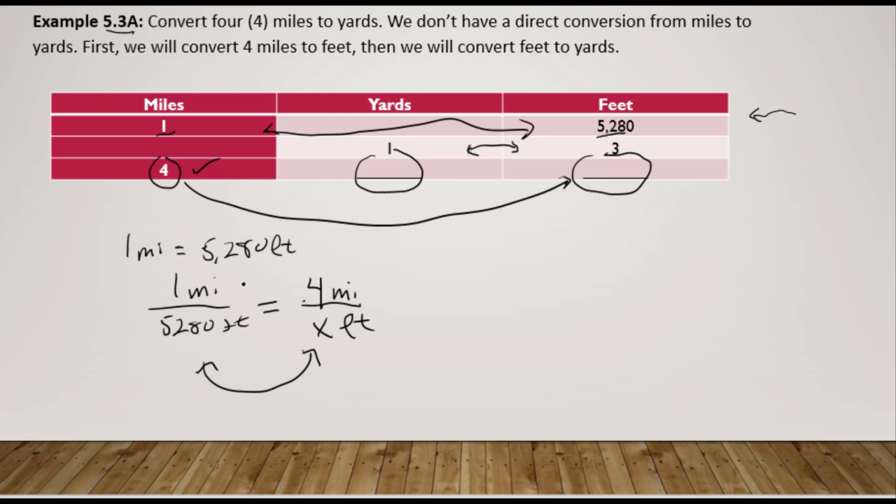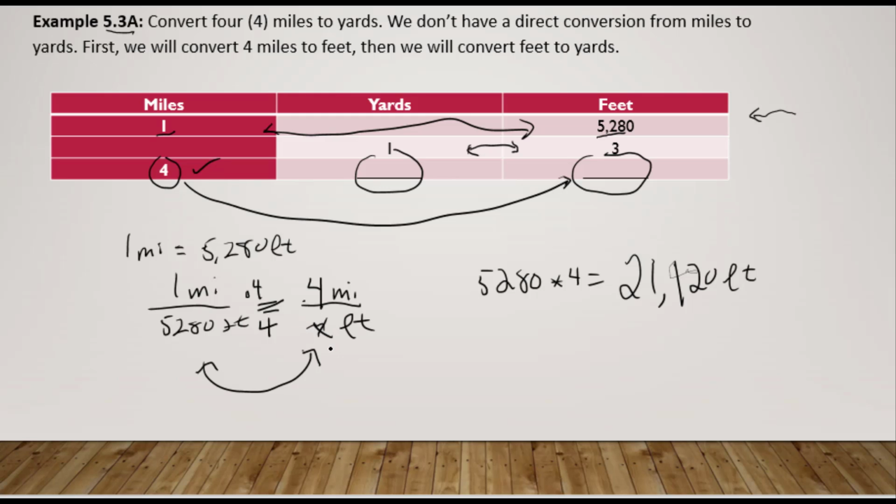This one, I don't need the fundamental technique of cross multiply and divide. I can simply multiply the numerator by 4 and the denominator by 4. 1 times 4 is 4, and 5,280 times 4, which we have a calculator for, I got 21,120 feet.